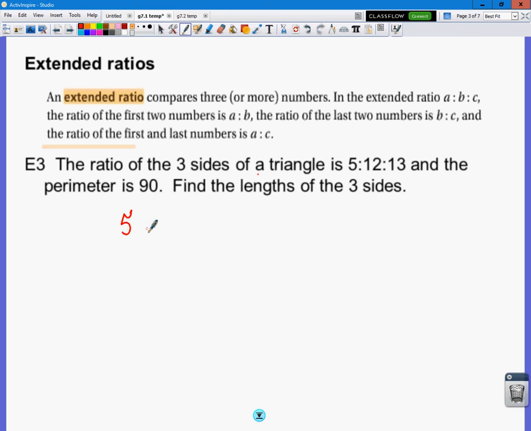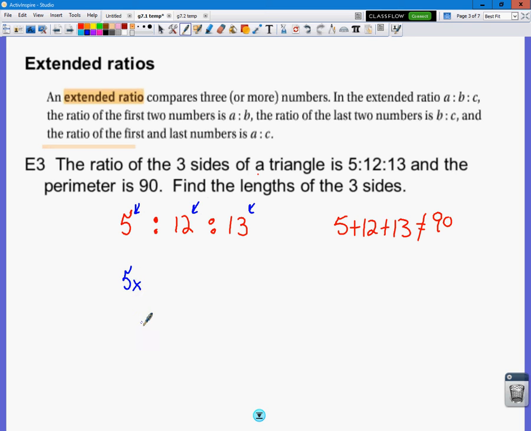If the ratios are 5 to 12 to 13, I know that 5 plus 12 plus 13 is not equal to the 90 that they said my perimeter is. So whatever I'm doing to one of these, I have to do to each of them to keep this ratio the same.